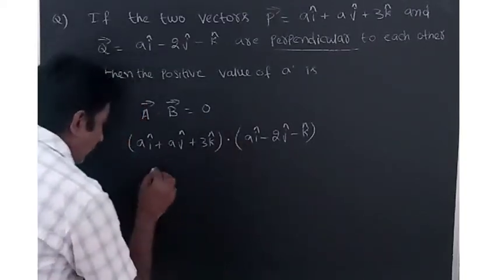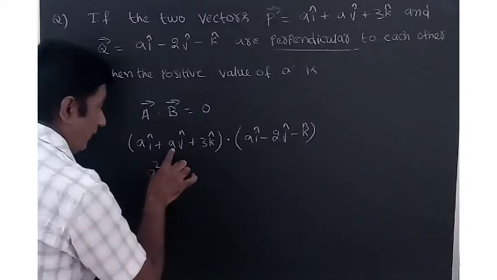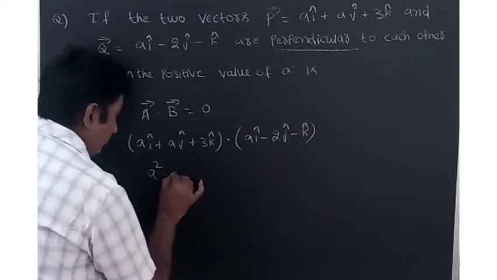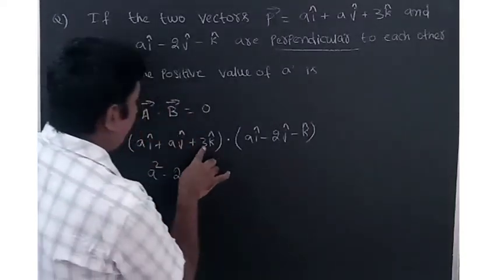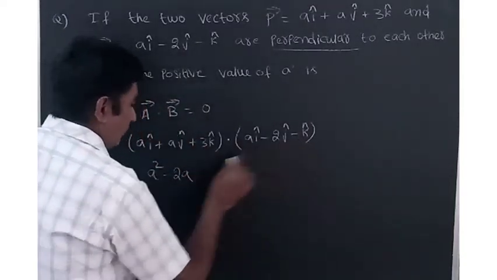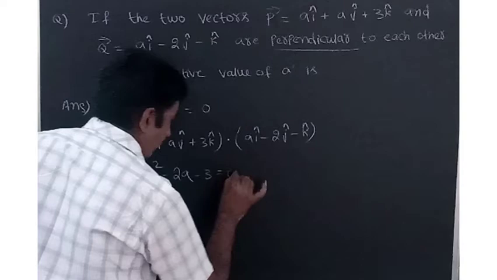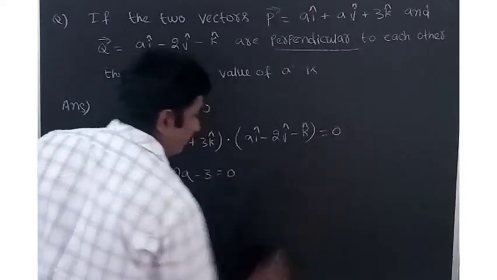So a into a is a square, a into minus 2 is minus 2a, and this is plus 3 and this is minus 1, minus 3, which is equal to 0.